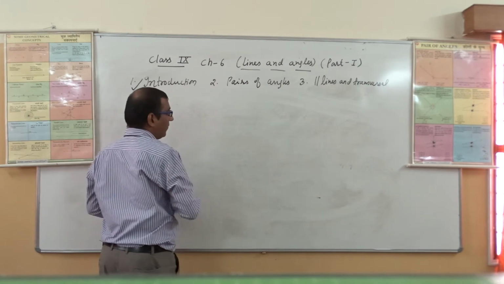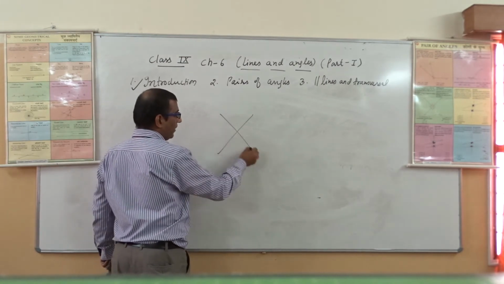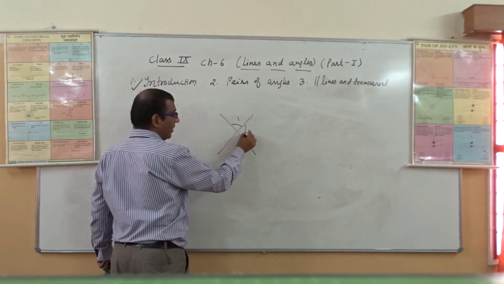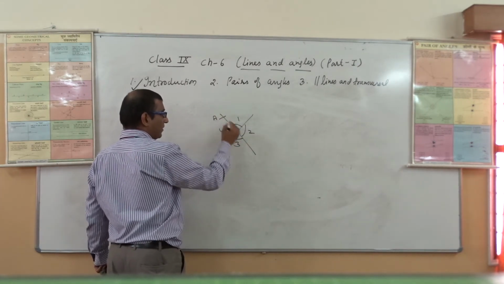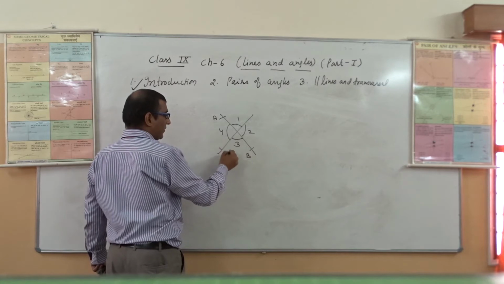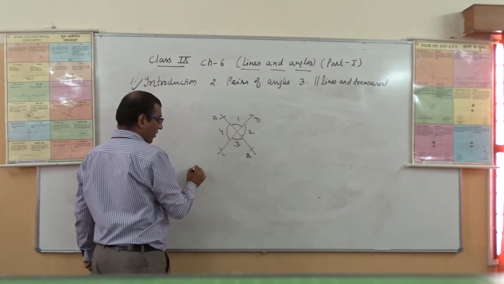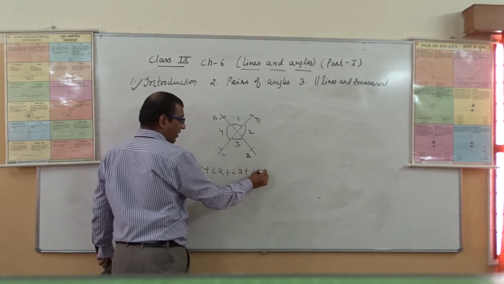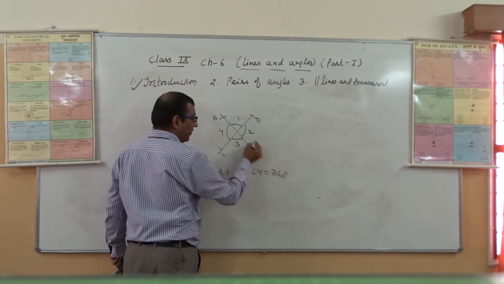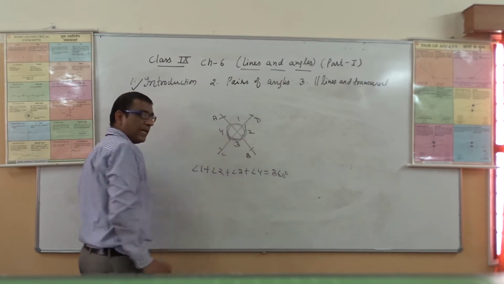If you see here, this is angle 1, angle 2, angle 3, angle 4, this is line AB, this is line CD. So we can say the sum of all the angles, 1 plus 2 plus 3 plus 4, if this becomes 360 degree, that is the meaning of complete angle.